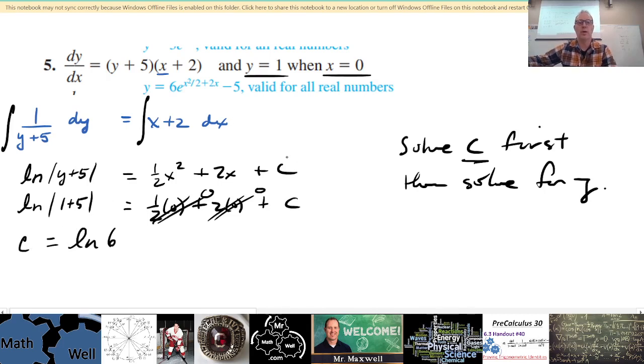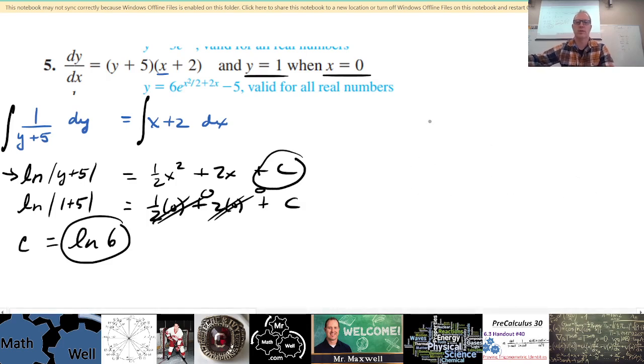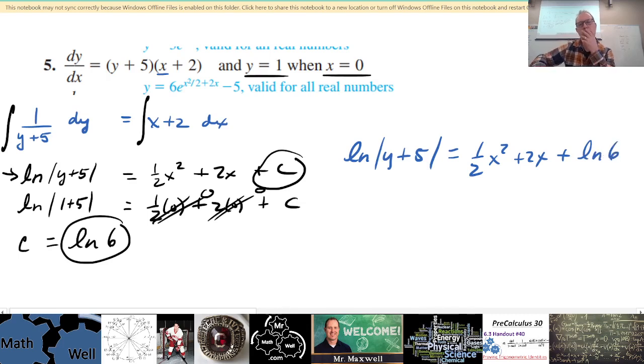All right, so now I go back to this step right here, and I put this c in right here. That goes right there. So let's change colors and move over here a little ways. So we'll go ln of the absolute value of y plus 5 equals 1/2 x squared plus 2x plus ln 6. All right. So now we have to get y all by itself. And liberating y from inside a logarithm, we change the logarithmic equation to what again?